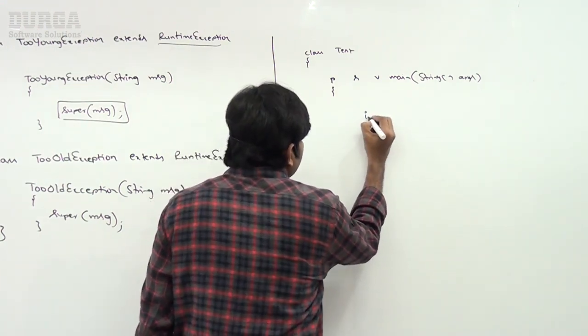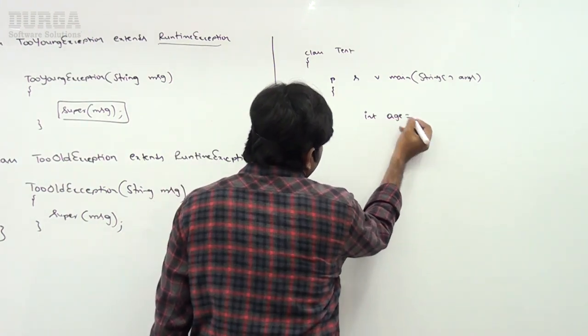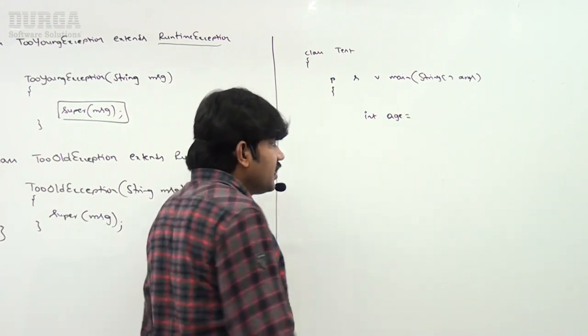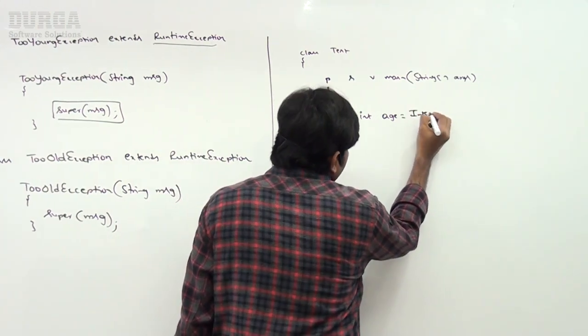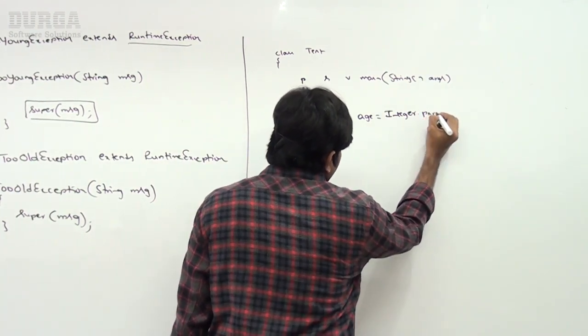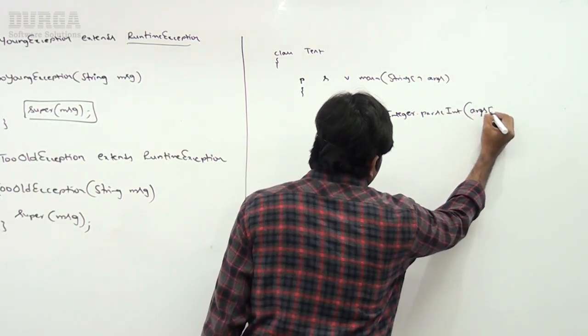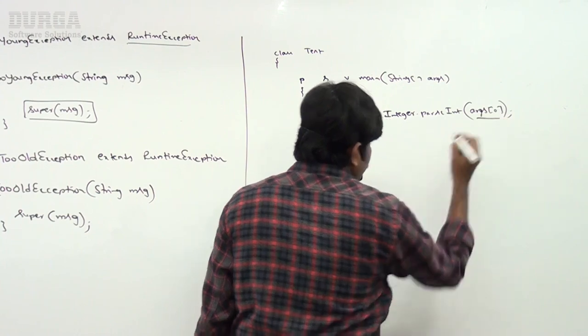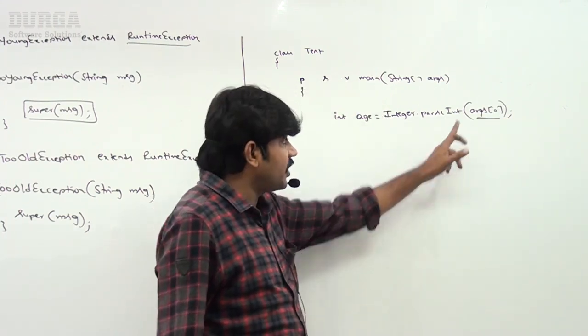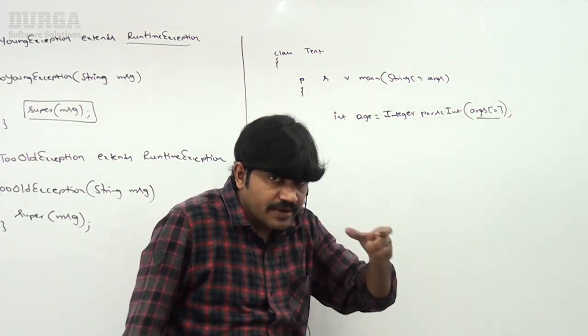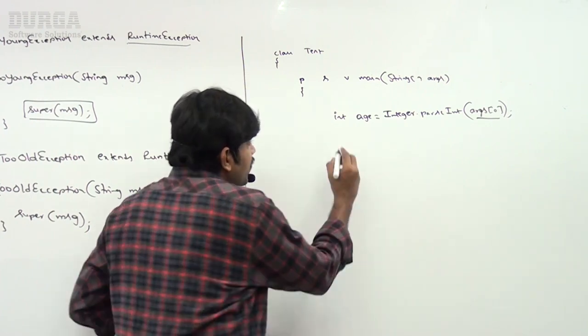Assume that. Now int age = Integer.parseInt(args[0]). Whatever first command-line argument you pass from the command prompt is treated as the age.